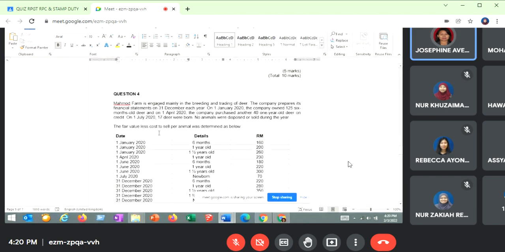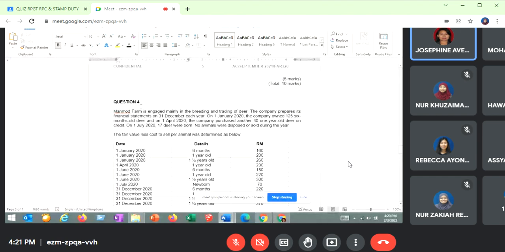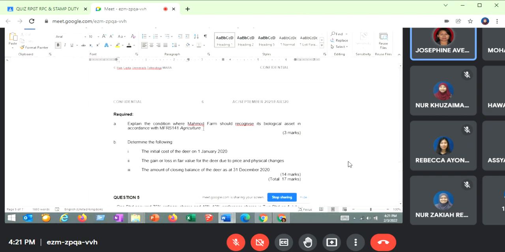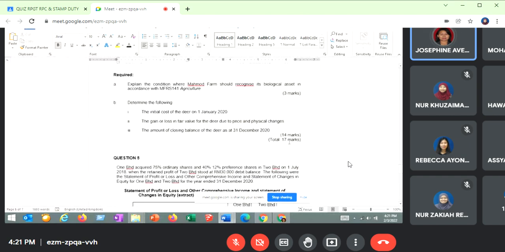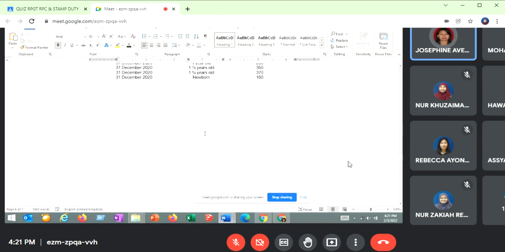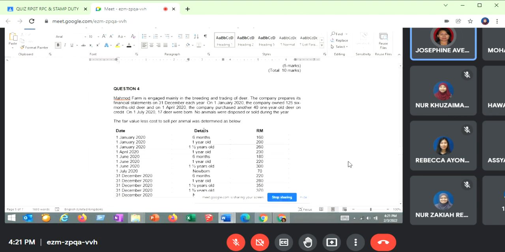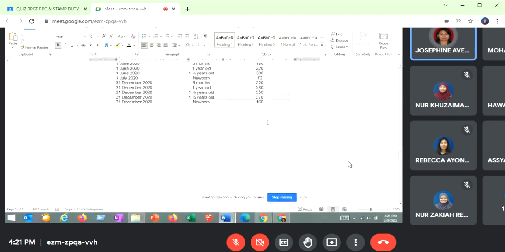Question number 4. This question, you should know how to master this question. This is one of the questions that you can score, and the marks is 17. So you know there are certain things that you can really focus on, and make sure that you do the best. That means you can score that particular question. The one you can score, I think, is question number 4.